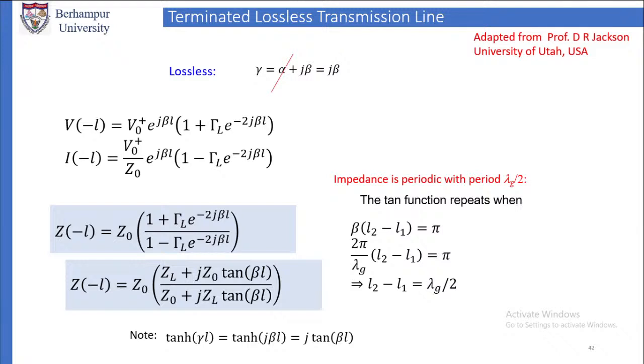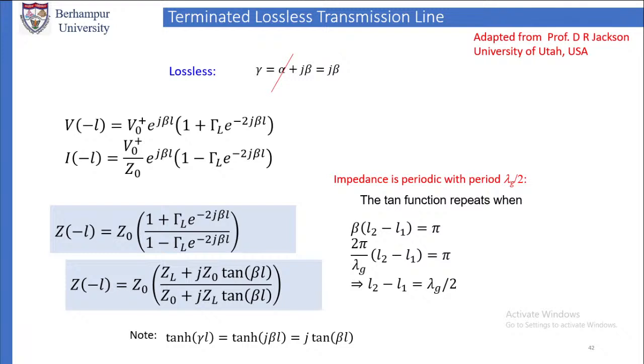Now, if we put j beta in place of gamma, then the voltage at a distance L from the reference, that is from the loaded end, is equal to V0 plus exponential j beta L, because j beta is gamma.